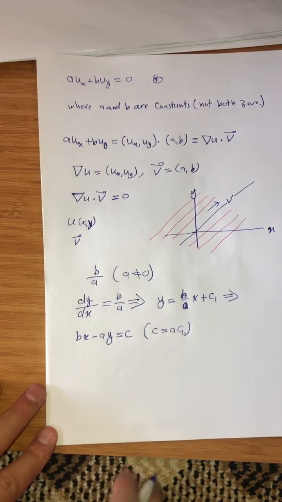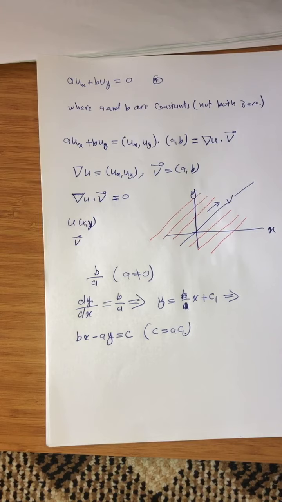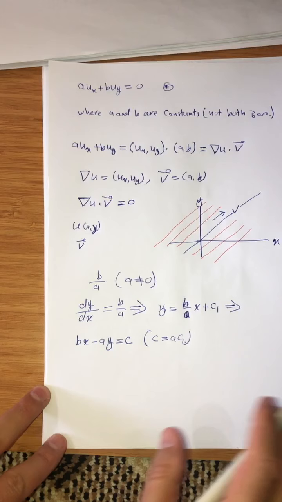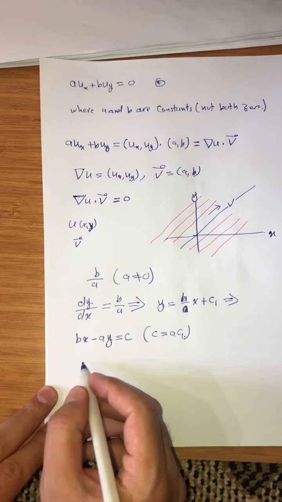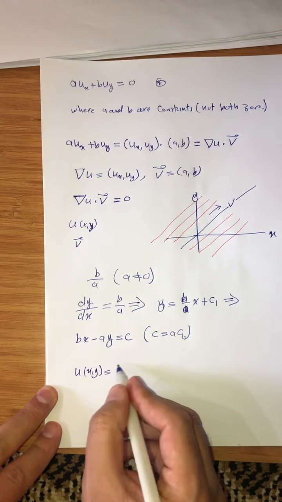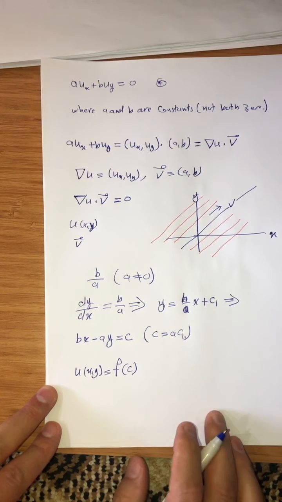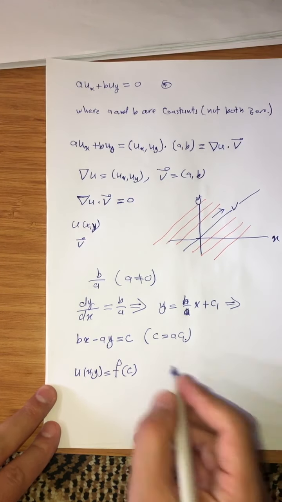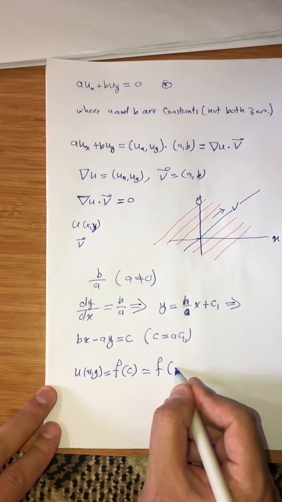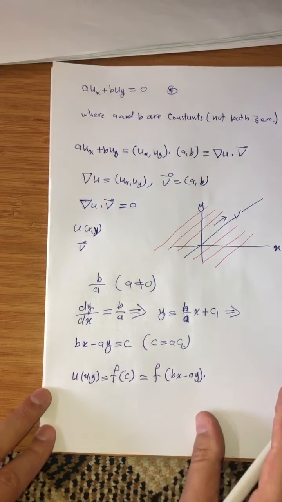As we mentioned before, the general solution of the transport equation star is u of x, y equals some arbitrary function of a constant c, which is a function of the characteristic lines bx minus ay.